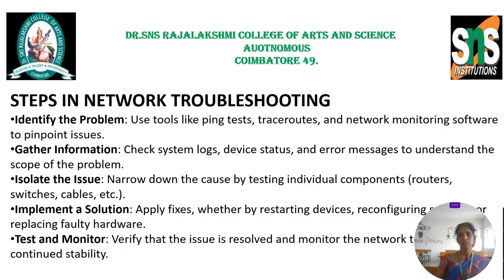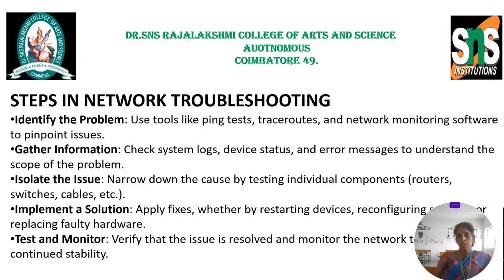Isolate the issues. Once we have identified the current issues happening inside the network transmission, we have to isolate that particular issue from the network configuration, and after isolating it we have to fix it so that it will not repeat again. Isolating issues can happen inside network devices like routers, switches and cables.